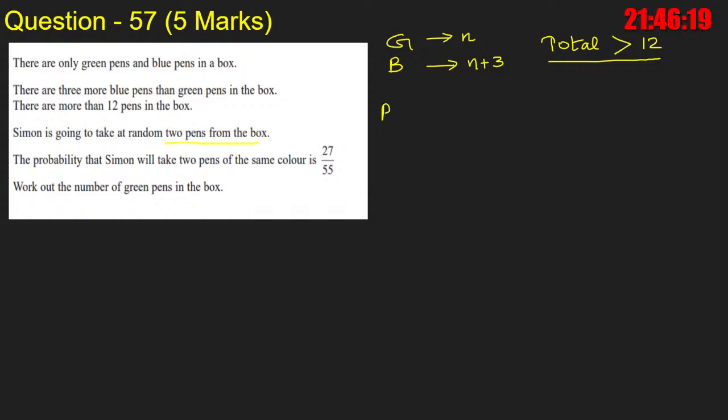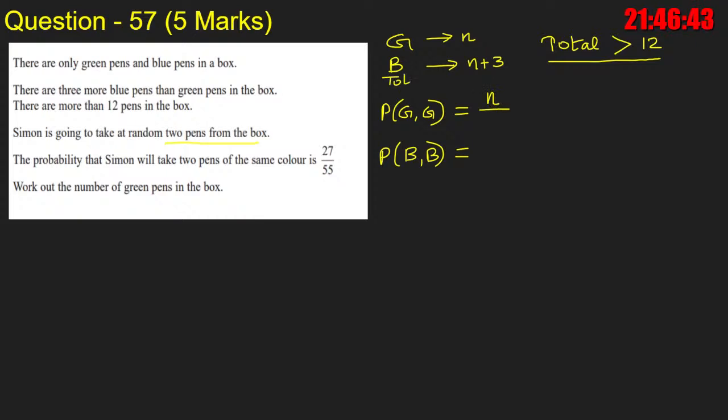So probability of the same color means G comma G, right? And the probability of blue comma blue. If you add these two, that is going to be 27 over 55. First of all, if you want the green, that is n over total.